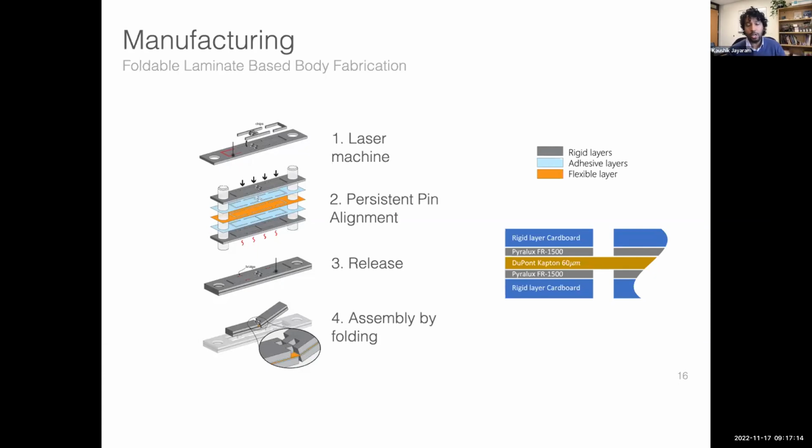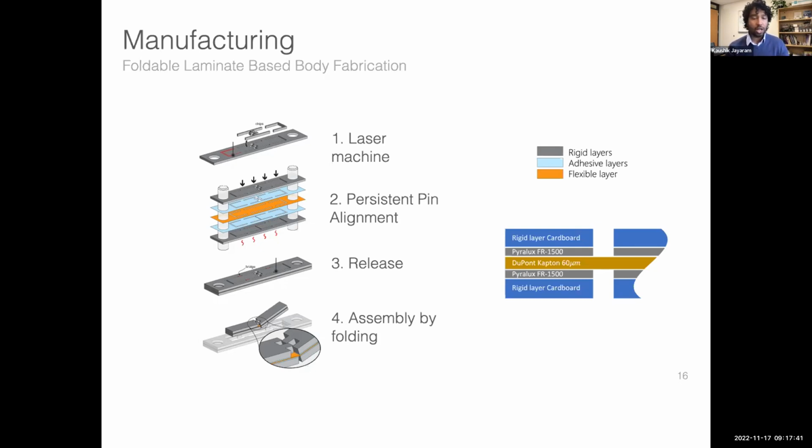So we laser machine out the parts. Wherever we need flexible elements, we laser machine those structures out. We de-chip them, and then we do that for every single layer. So for example, in this approach, the simplest combination is a rigid layer, adhesive layer, flexible layer, followed by an adhesive and a rigid layer stack.